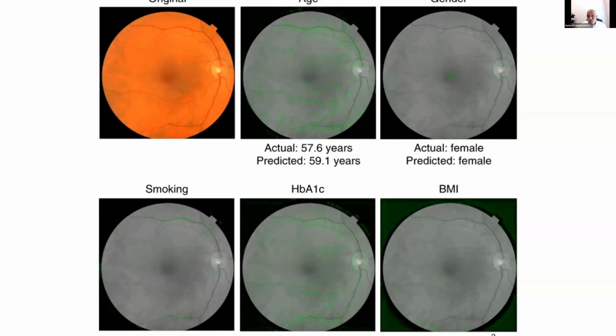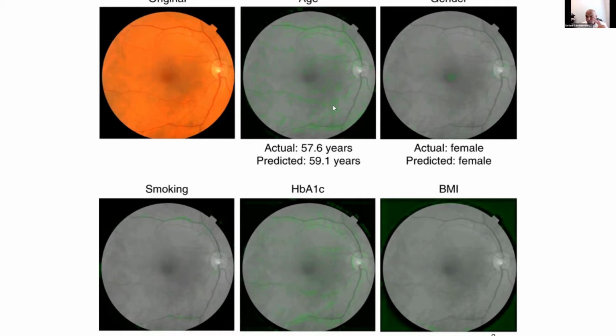Each of those persons has characteristics: age, gender, BMI, HbA1c, smoking status, and so on. Once you collect all these, from just a single eye picture you can put it through machine learning and predict, based on how the blood flows through the veins in the eye.